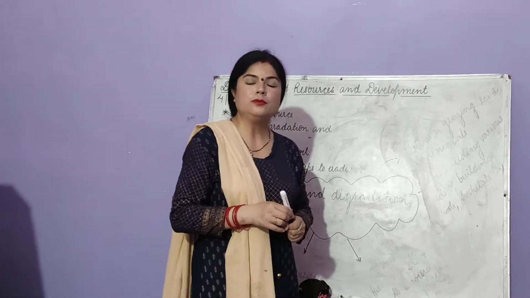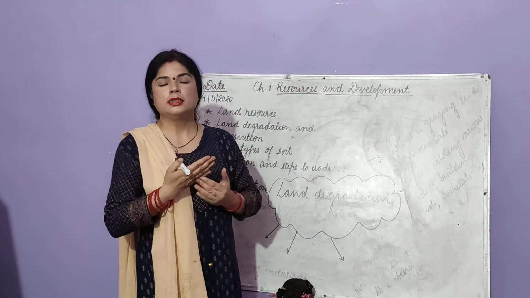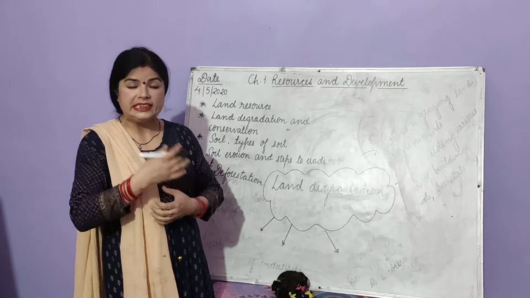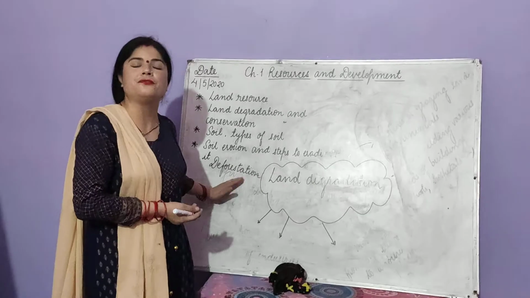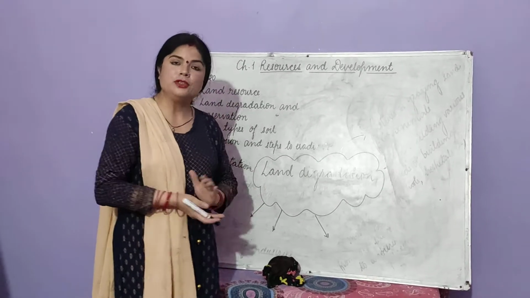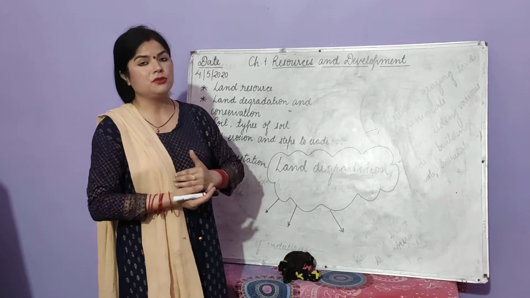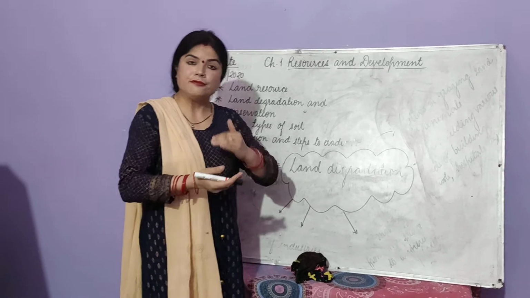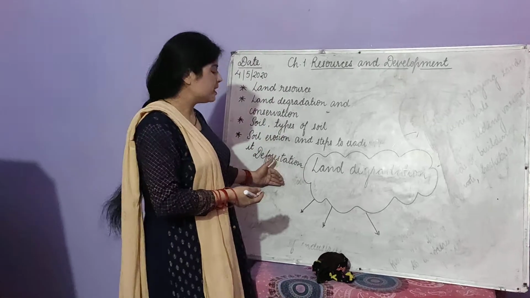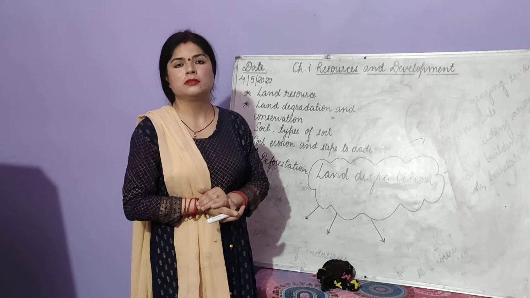Students, as we know, for fulfilling our different demands, for the fulfillment of our different needs, we always move to this process which is called deforestation. And we know that under this deforestation, we used to cut down trees in numbers. And we know this also, that trees are too important for our life.